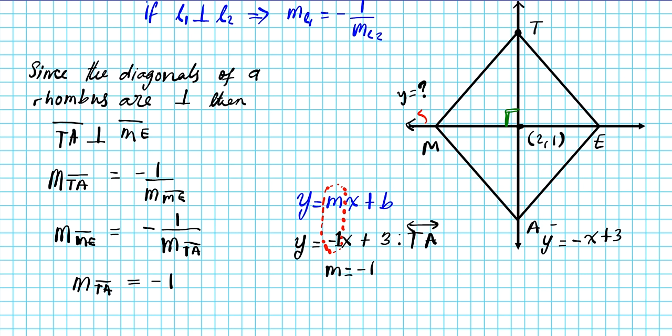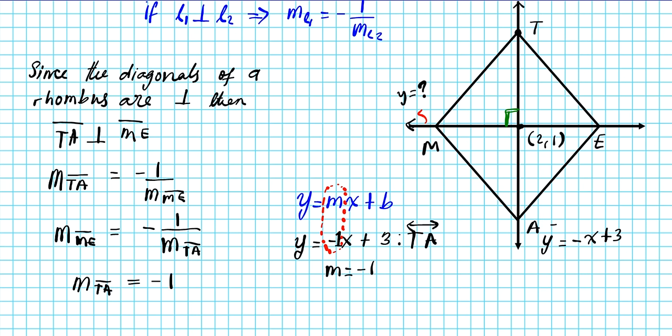So if we simplify this, we have minus 1 over minus 1. What is minus over minus? Positive, so it's going to be 1. So the slope of line ME is 1.